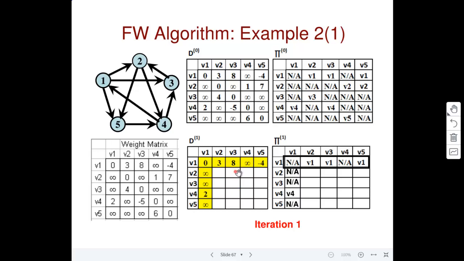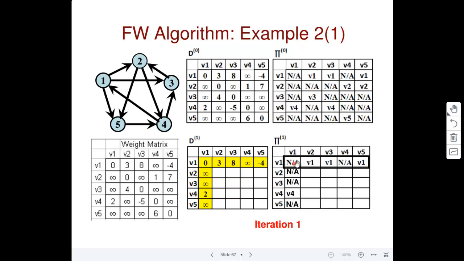So you're going to see if you can reduce any of the entries in the other cells. It is 0 now from V2 to V2. So you're going to again highlight the row and column. Here the horizontal is infinity and the vertical is 3. So 3 plus infinity less than 0? No, so stay with 0.